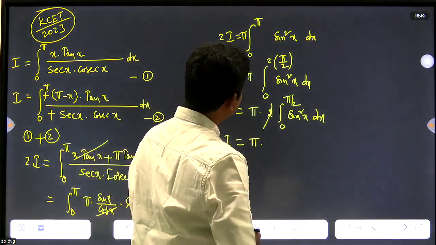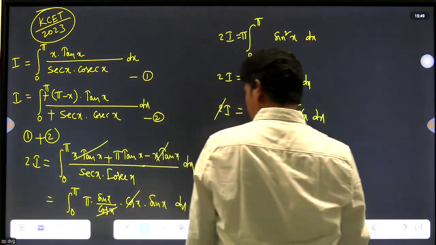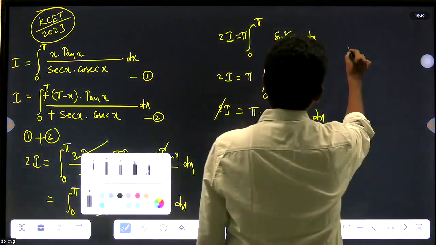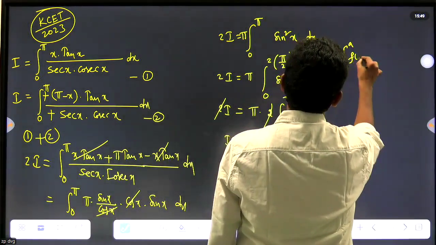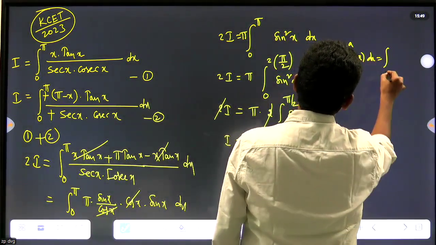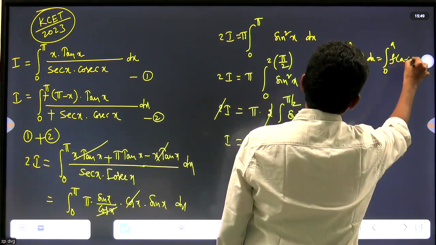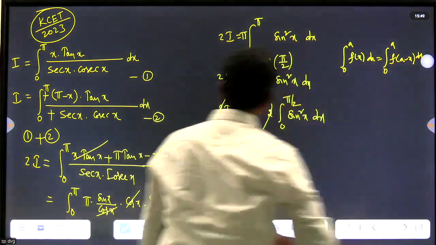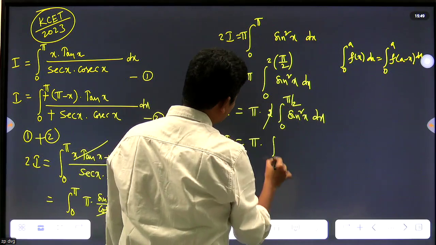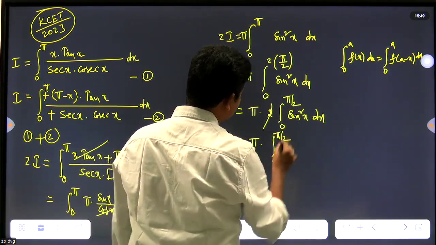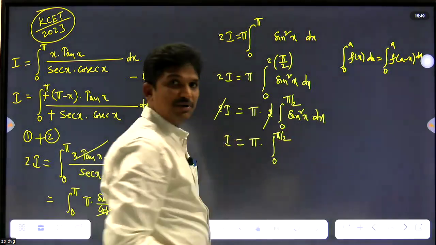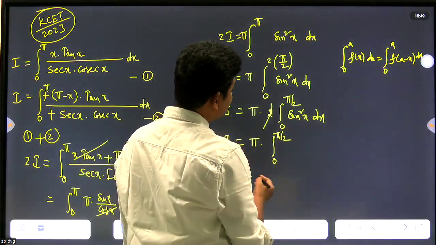Pi into, we have this formula. What formula? Integral of 0 to a f of x dx is integral of 0 to a f of a minus x dx. We have this formula, right? So here integral of 0 to pi by 2, I'll write direct step here. In place of x, you can write pi by 2 minus x. Sin pi by 2 minus x is cos x.